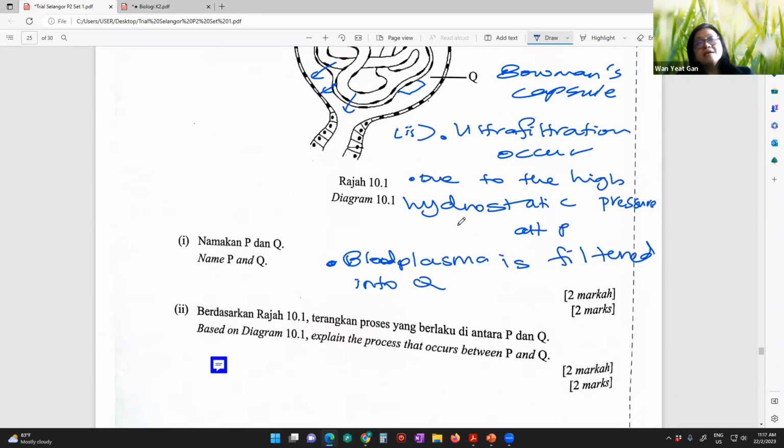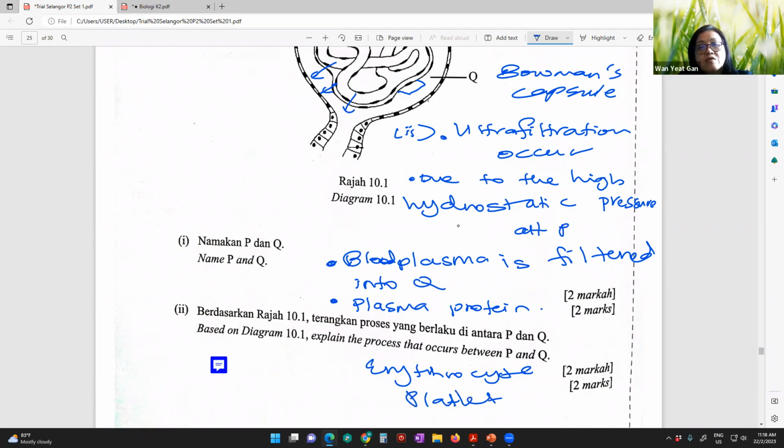Now, everything in the blood plasma gets filtered except plasma protein. Okay, plasma protein doesn't get filtered. Besides that, blood cells like erythrocytes and also platelets do not get filtered.